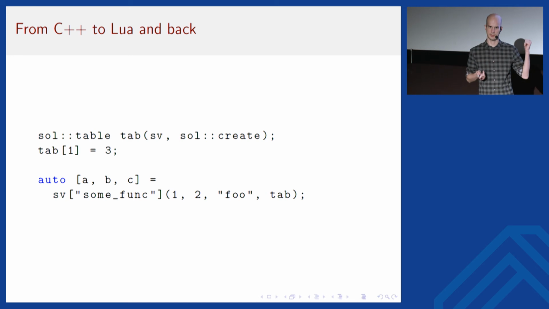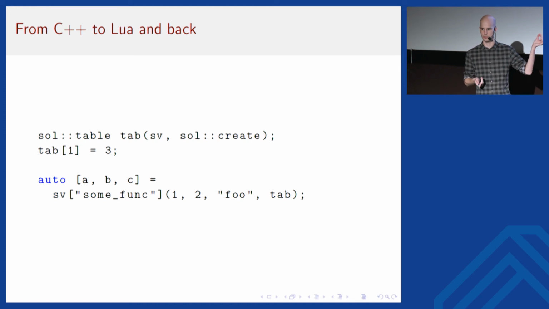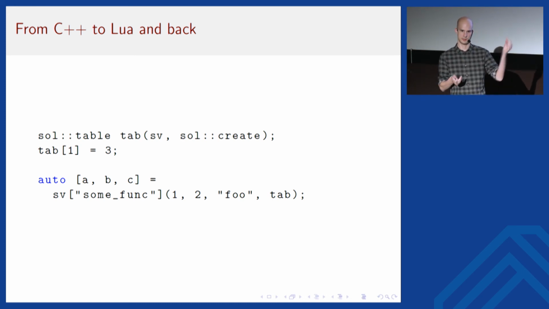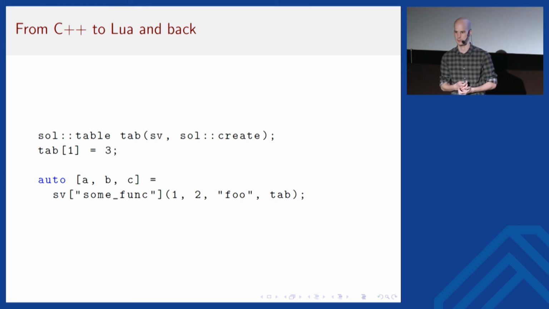And I use this syntax from C++17, the structured bindings feature. So what this does under the hood is this function call to the Lua function, since the Lua function returns a number of return values, Sol will actually model that as the function returning a tuple. And I now use the structured bindings to get the elements of the tuple as individual variables here.